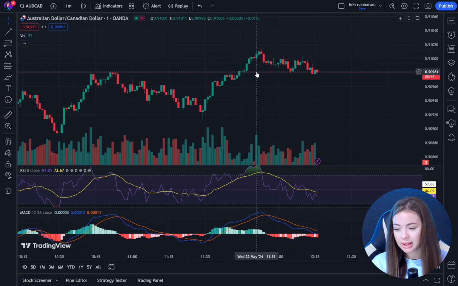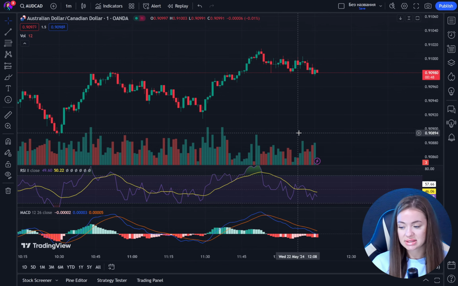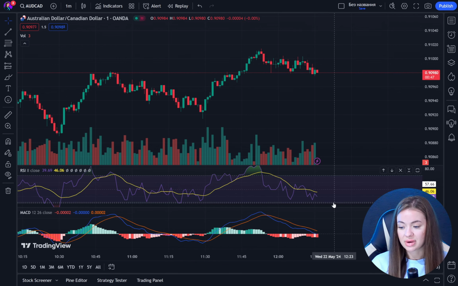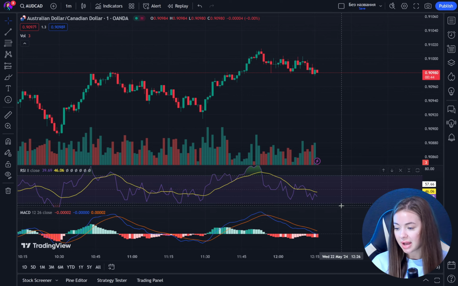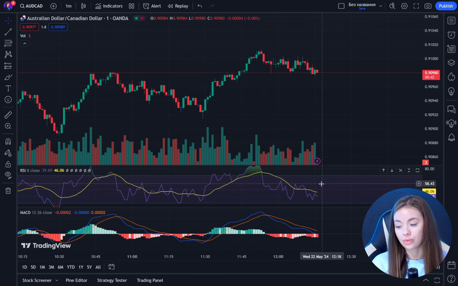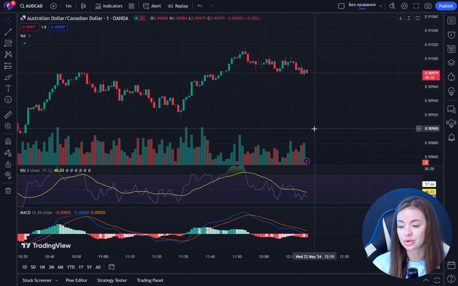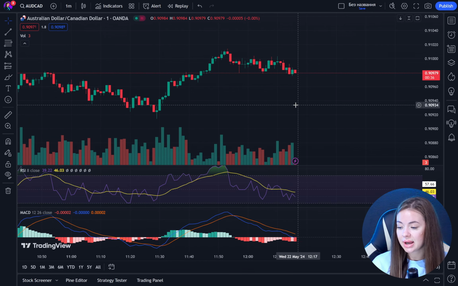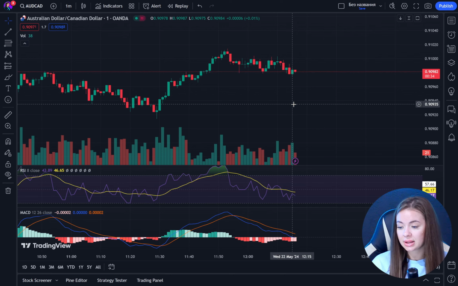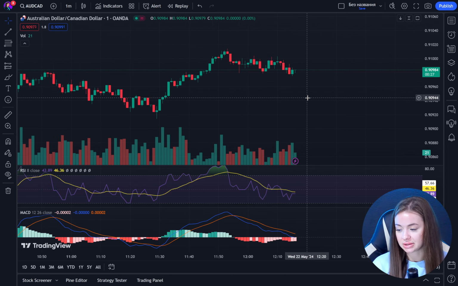The RSI is below the 50 level, indicating a neutral market state with slight seller pressure. The recent crossing of the 50 level from above confirms the beginning of a downward movement as mentioned earlier. The MACD line remains below the signal line and the histogram continues to show negative values, confirming the bearish signal.